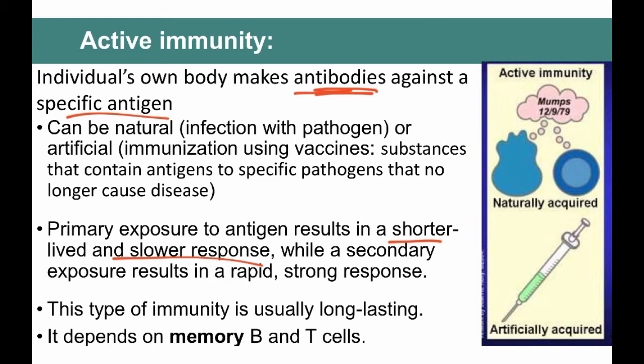Active immunity is generally long-lasting. As long as you have memory B and T cells that have interacted with the antigen, either in the vaccine or from a pathogen, you will be immune.